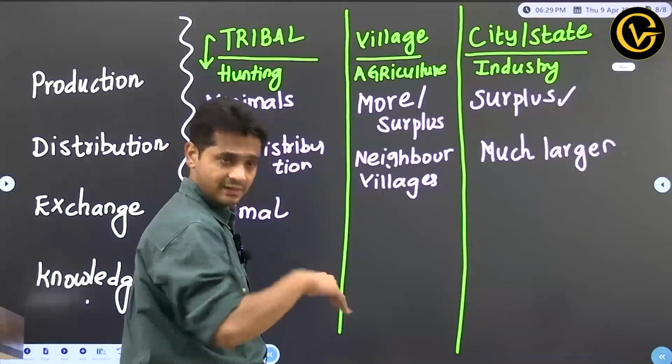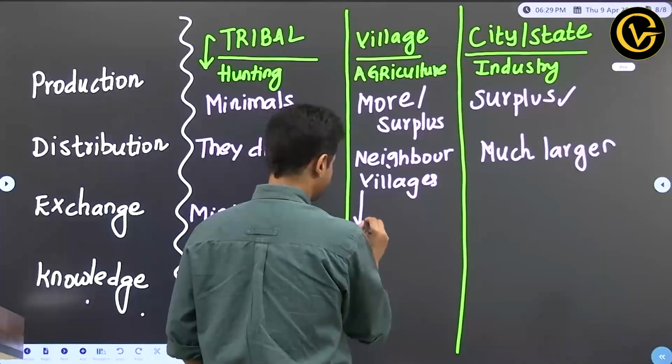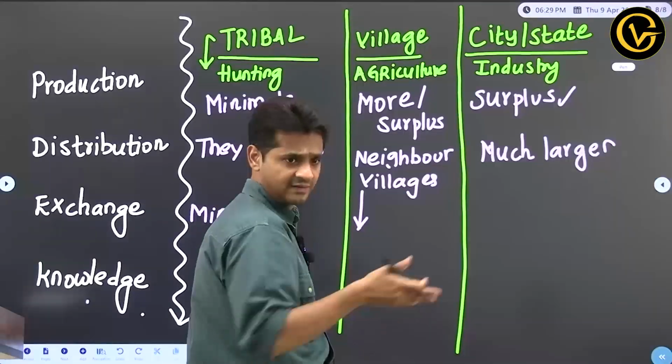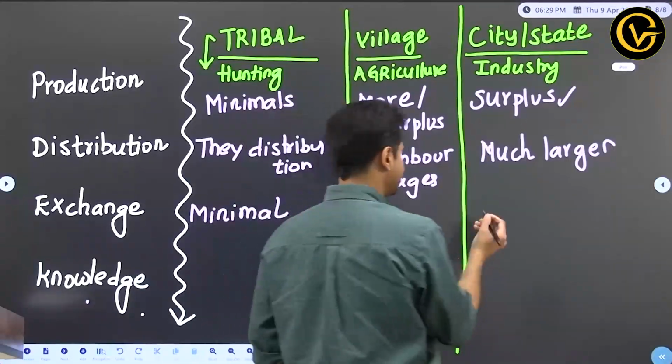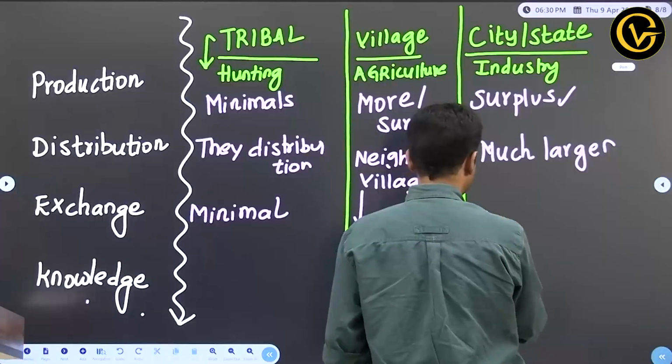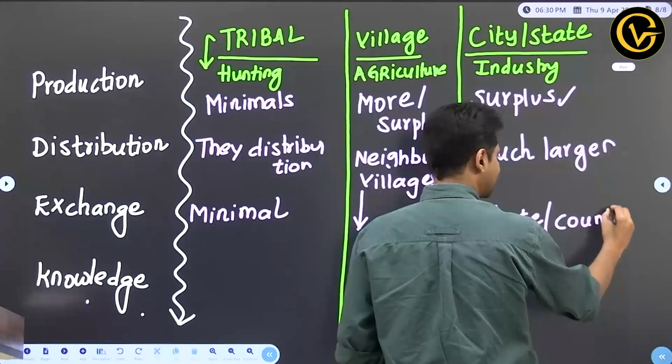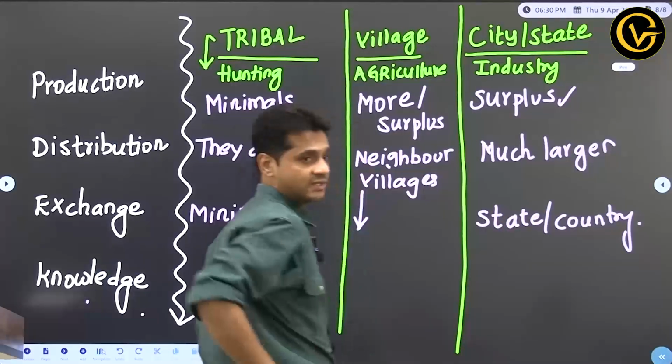Whereas in a village, yes, exchange again with the neighboring villages after distributing it among their village members. Then in case of city, definitely the trade could be with the neighboring state or the neighboring country. Always there is an element of exchange.